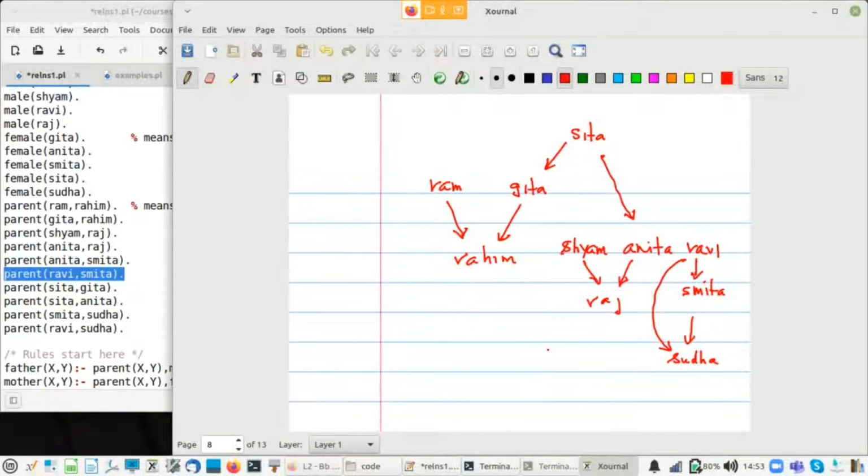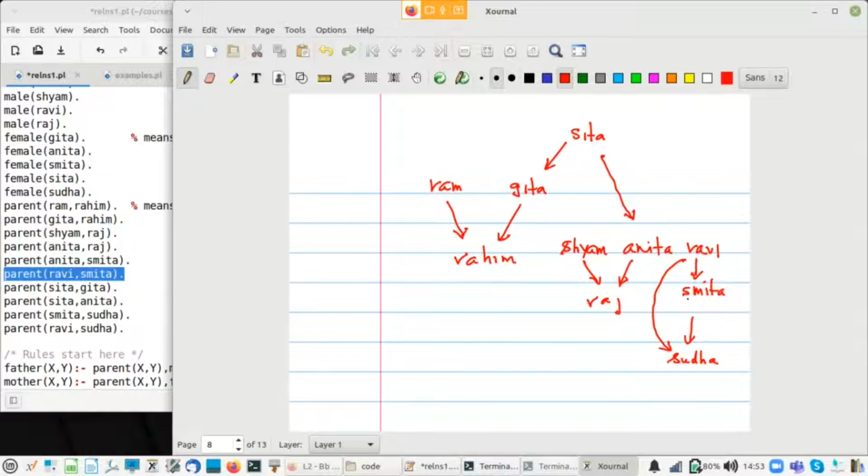Now you can see various things here, right? When we draw it as an ancestral tree, you can see these relationships. You can see that Sita is a grandmother of Rahim. Similarly, Anita is a mother of Raj. Shyam is the father of Raj. Sita is also a grandmother of Raj, and so on, right? Have I missed anything?